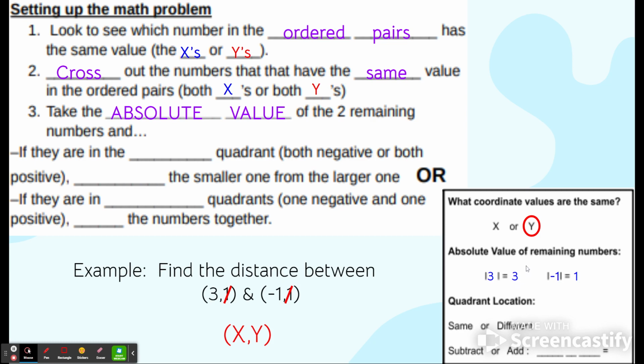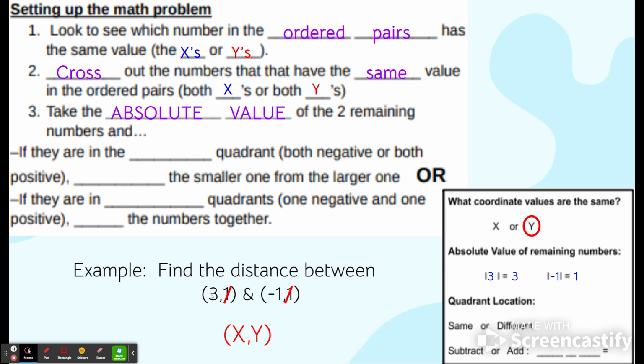Okay, so we're dealing with these absolute values now of those remaining numbers that were not the same. So this 3 and this 1. Now there are 2 different things that can happen. Either they are both going to have the same sign, and we're looking back at the original numbers here, or they're going to have different signs.